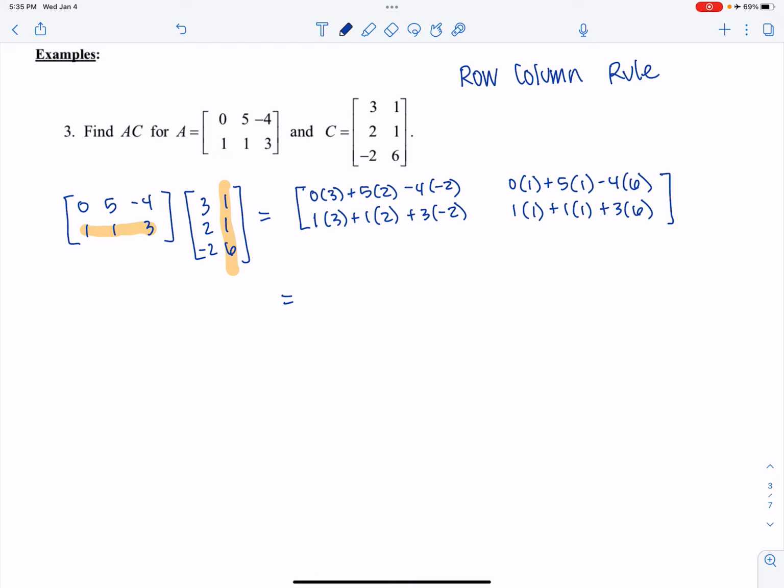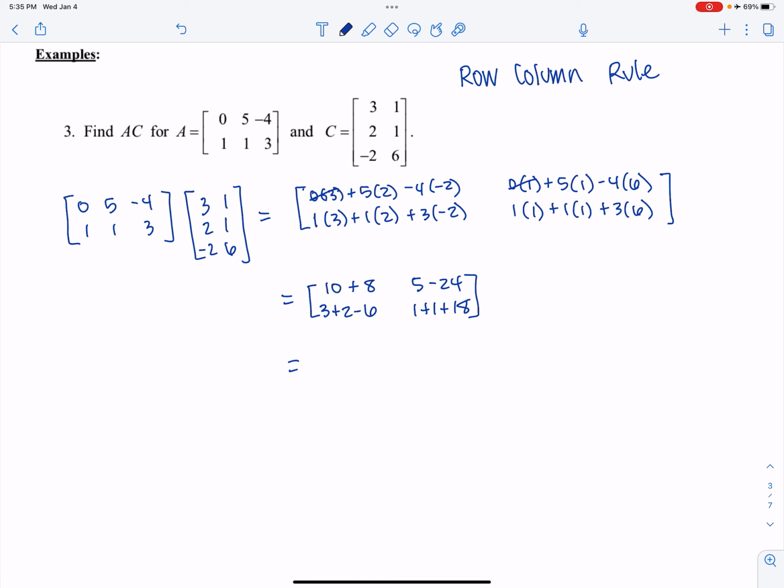Okay, so now we have 10 plus 8, 5 minus 24, 3 plus 2 minus 6, 1 plus 1 plus 18.